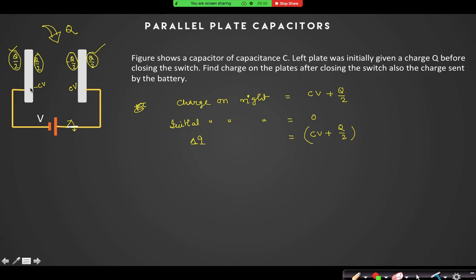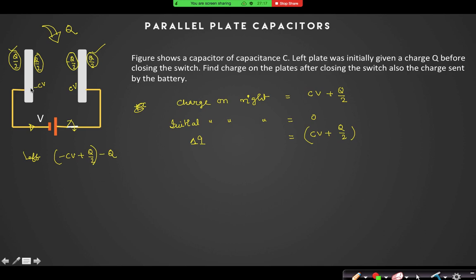You can see also on the negative plate the same amount of charge has come, because now on the left plate the charge is minus CV plus Q by 2, right? And what was the initial charge on the left plate?